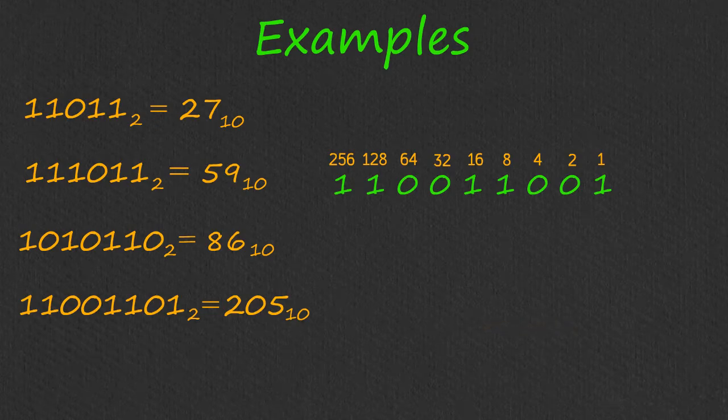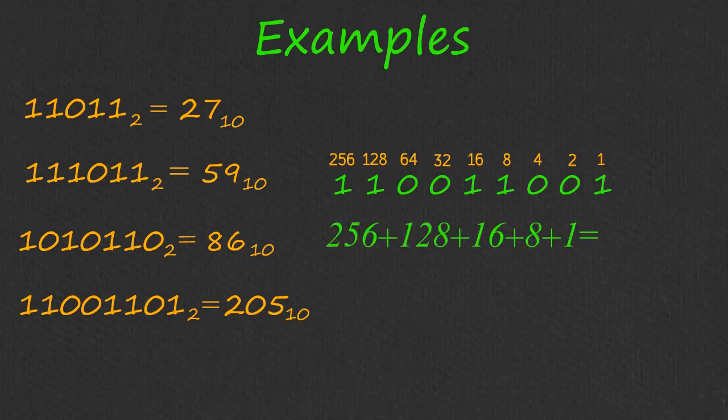Now, let us copy down the place values that have a 1 underneath them and sum them up. 256 plus 128 plus 16 plus 8 plus 1. Unfortunately, in this sum, we don't have any number bonds of 10, so we have to do good old-fashioned addition like in the previous example.